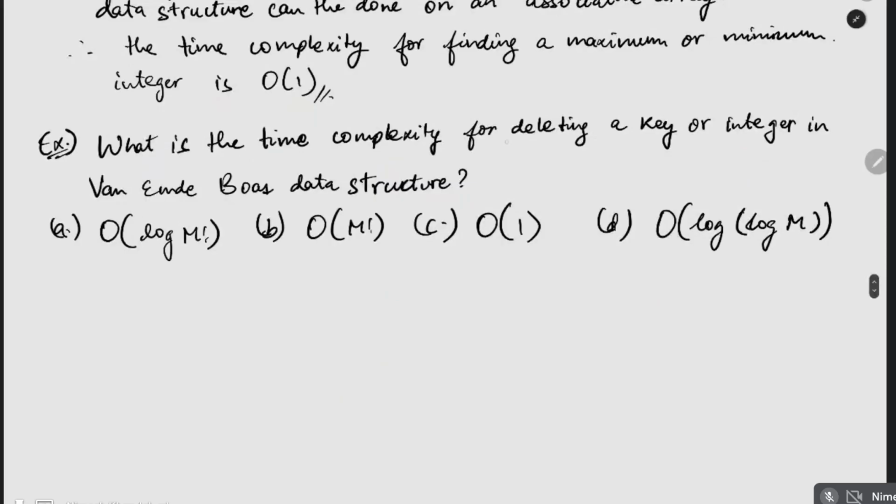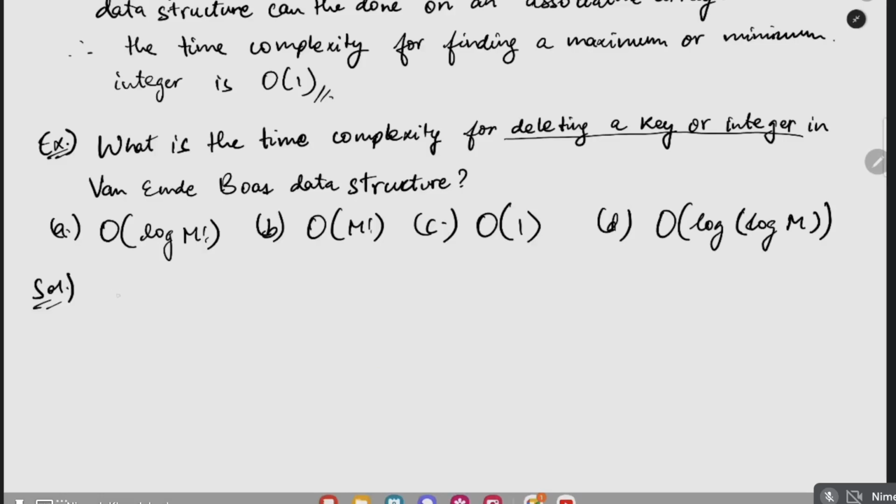So, well, in this case, for deleting a key or integer, we need to first of all perform a search for that key or integer inside the Van Emde Boas data structure, right? And the time complexity for the search, or you can even say the deletion inside the data structure, it's basically for searching, right?